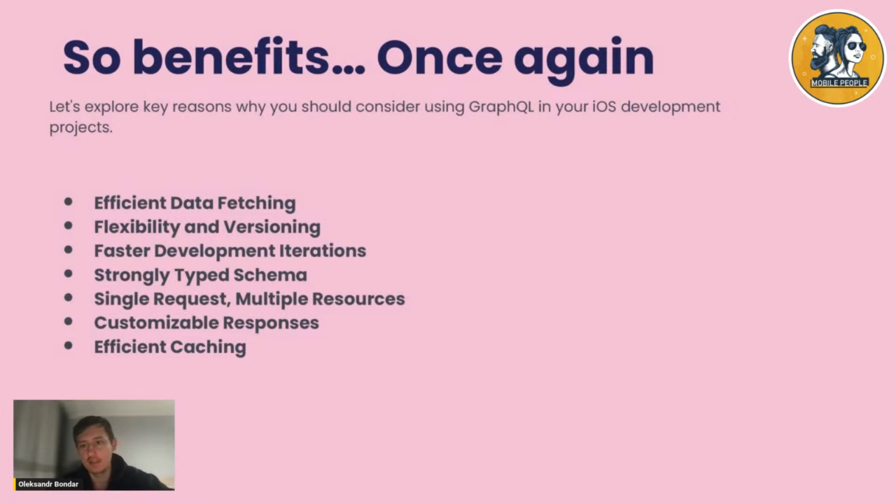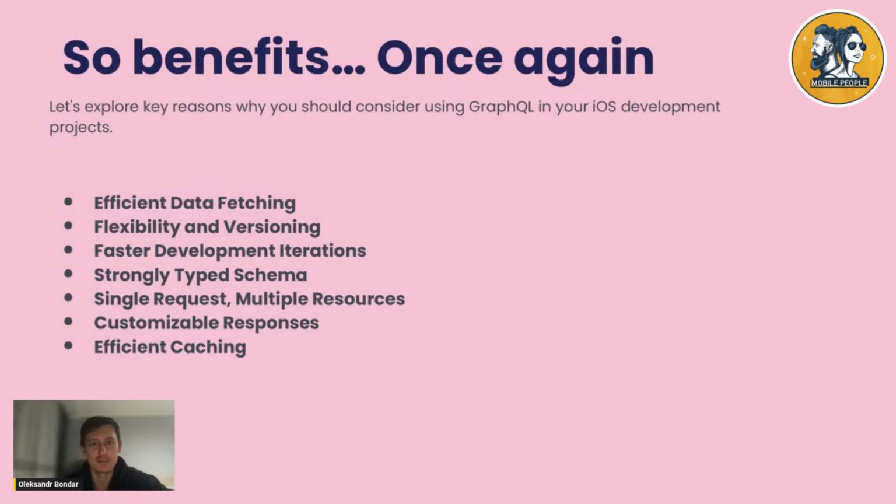Let's try to summarize all the benefits that Volodya already mentioned. First, efficient data fetching. We've already discussed that REST suffers from overfetching and underfetching. With GraphQL, we can efficiently solve it. Also, flexibility in versioning.